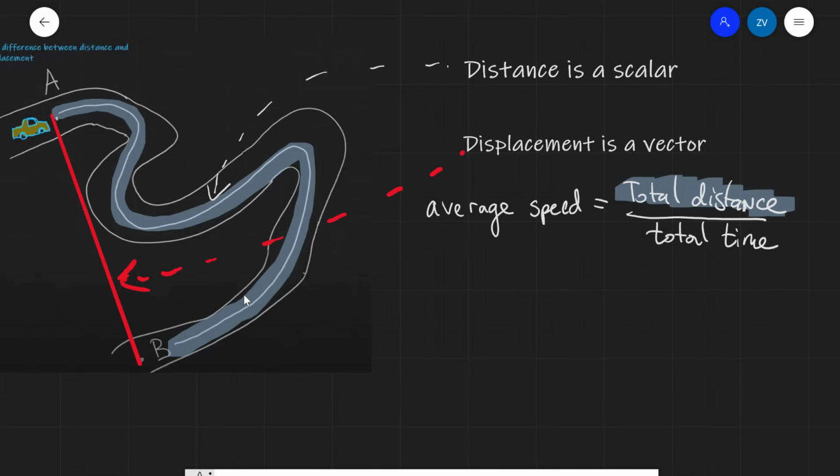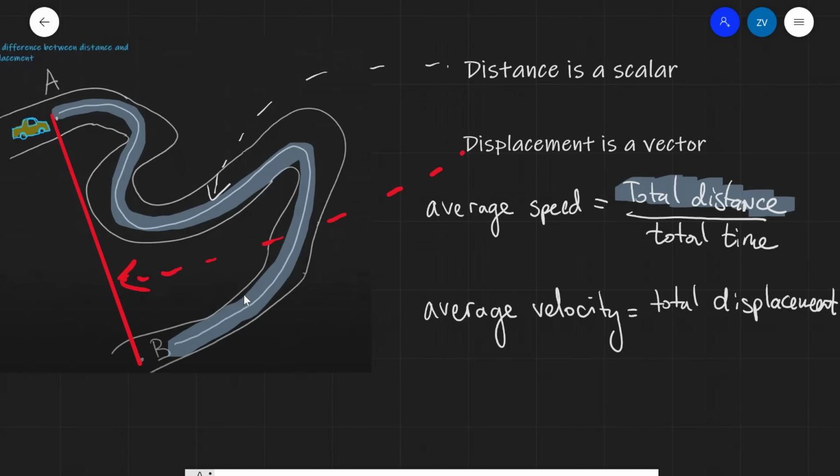We could also define our average velocity. So let's just write that down. Our average velocity will be equal to the total displacement divided by the total time. Now for the average velocity, we're going to use this length over here.